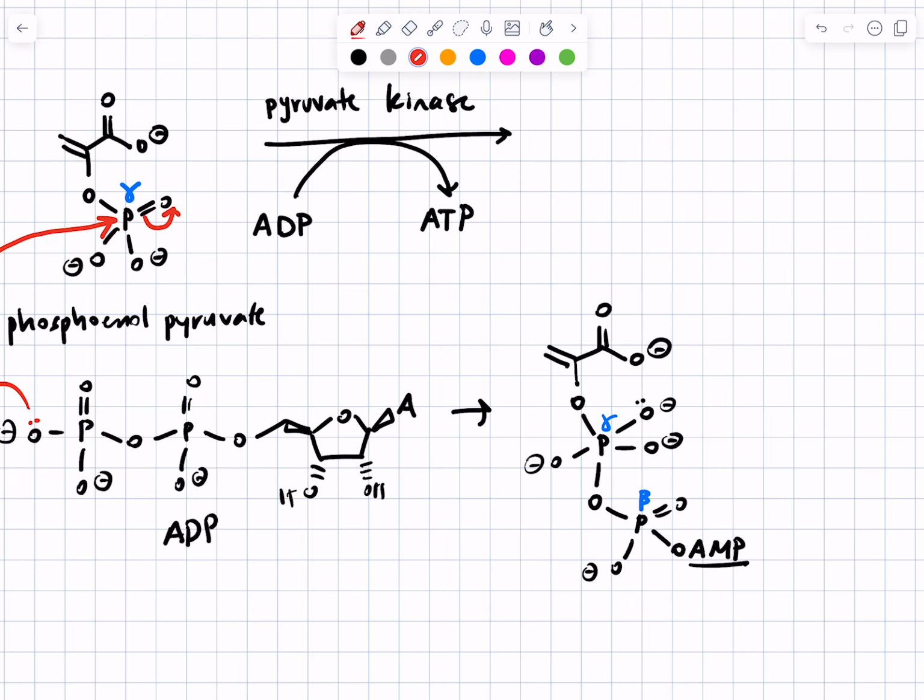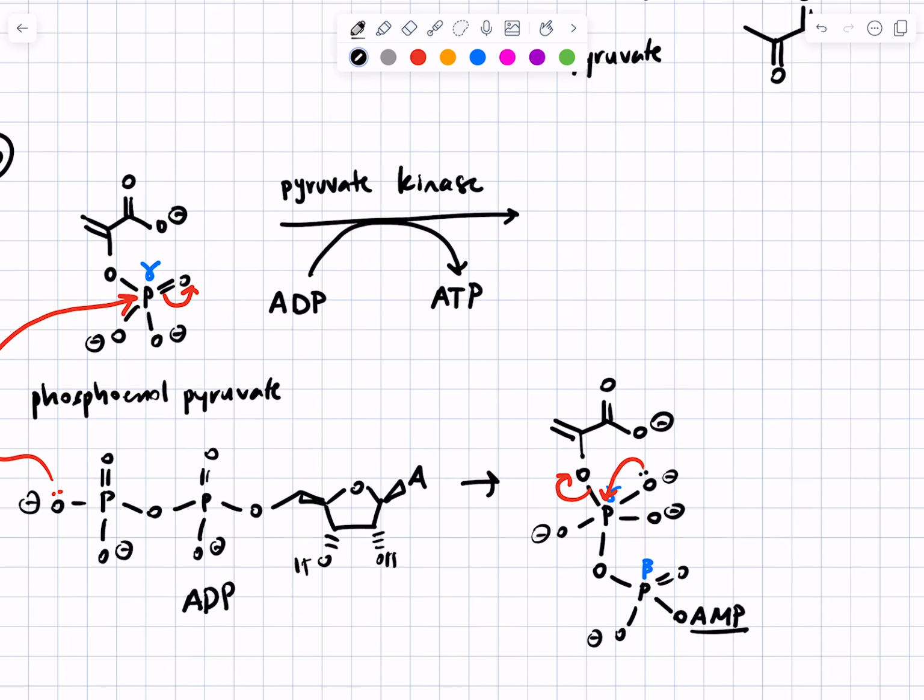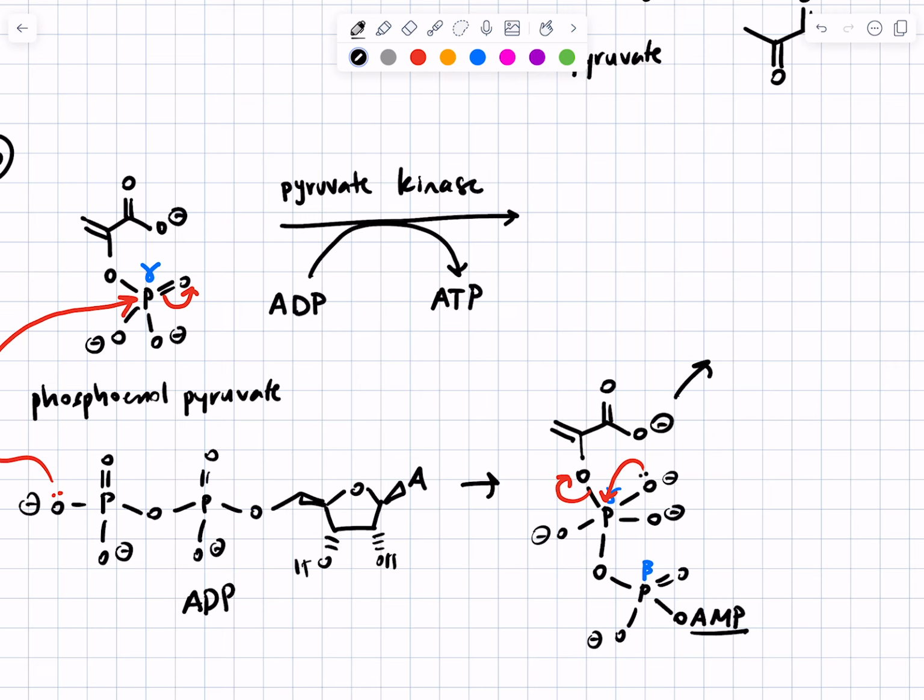Electrons on one of the negatively charged oxygens will kick down and kick off the leaving group, and that generates ATP. And then here is the leaving group. That's the enolate.